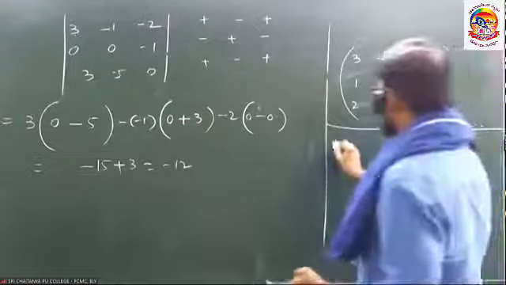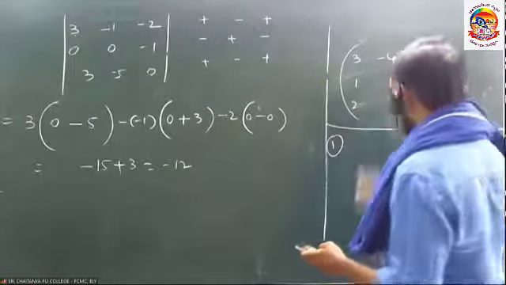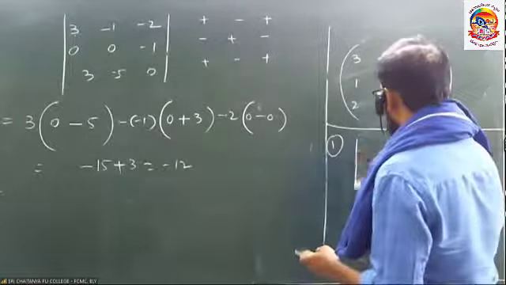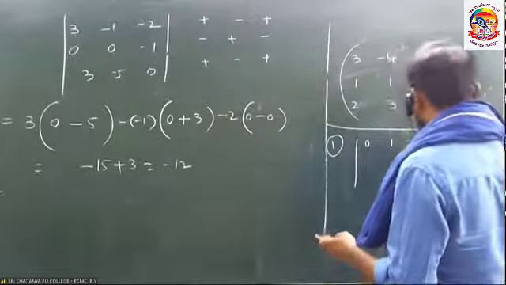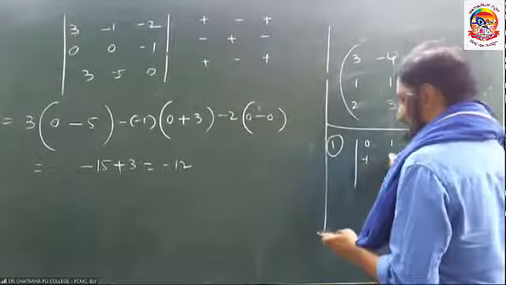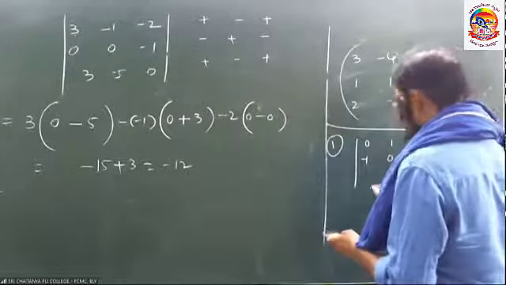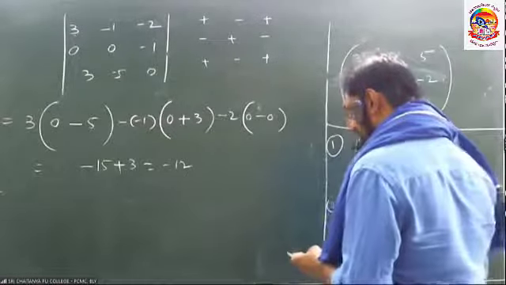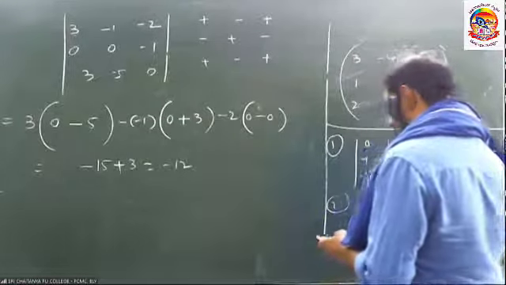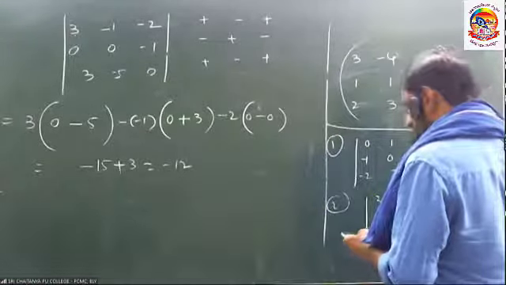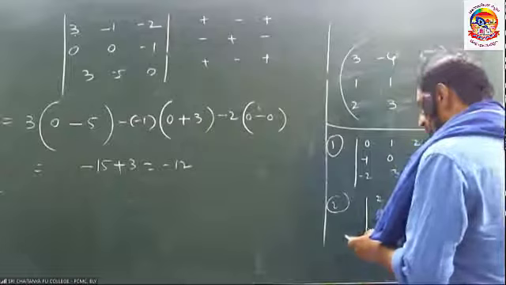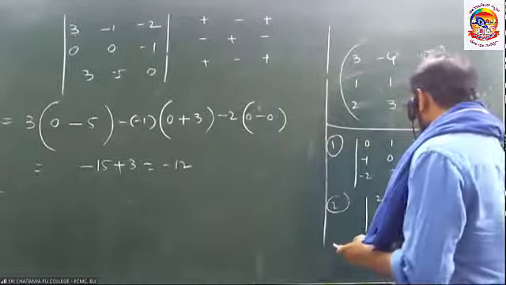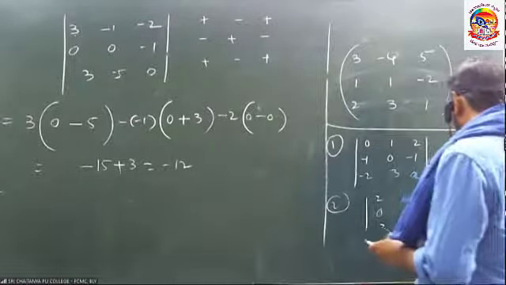And I am going to give you 2 more questions as homework. First of all, do this one now. Find the delta of 0, 1, 2, minus 1, 0, minus 1, minus 2, 3, 0. And second one, delta of 2, minus 1, minus 2, 0, 2, minus 1, 3, minus 1, 0.